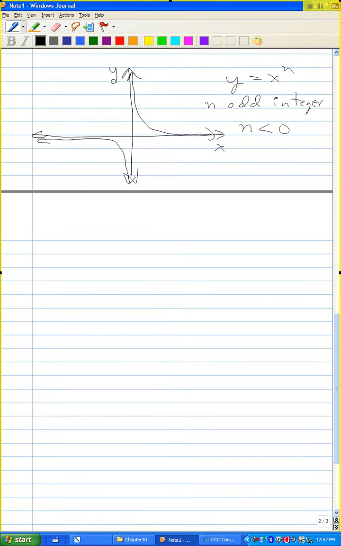Suppose I want to graph the following. Y equaling x to the n. Well, maybe I'll write 1 over n.